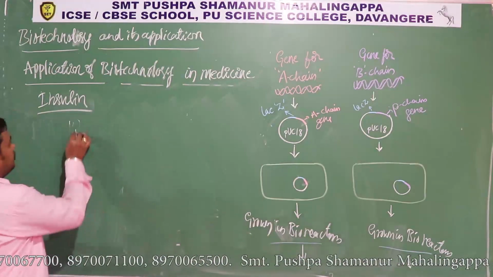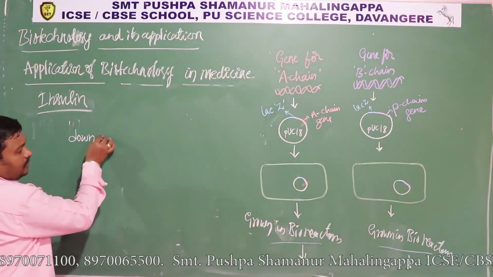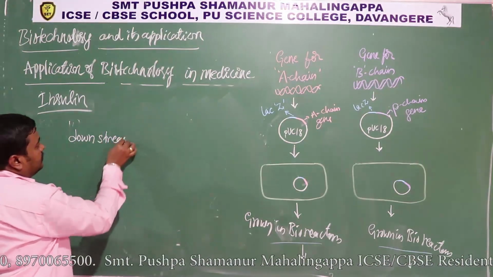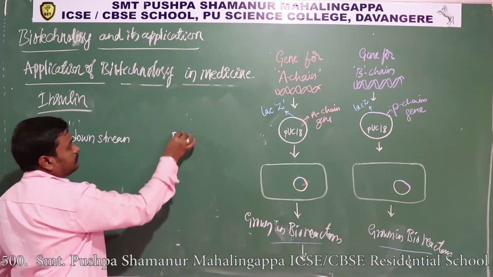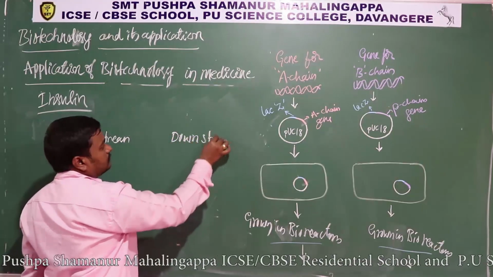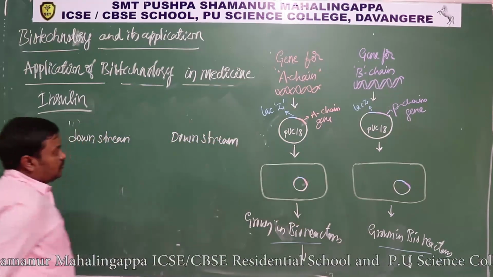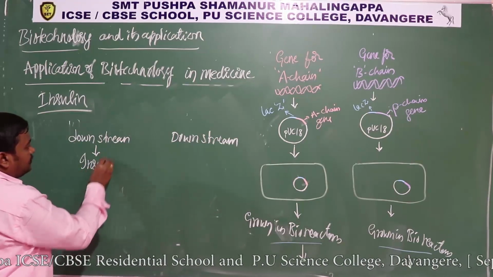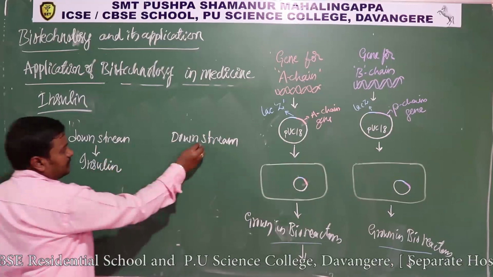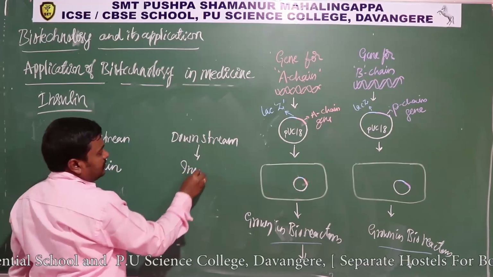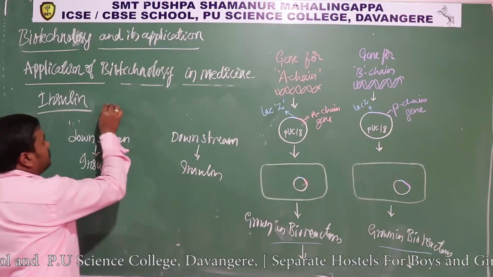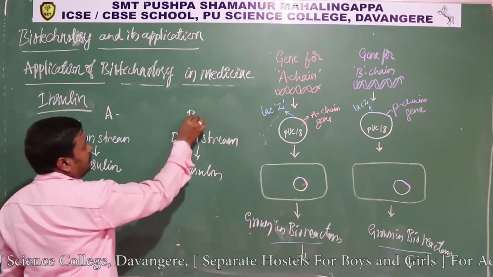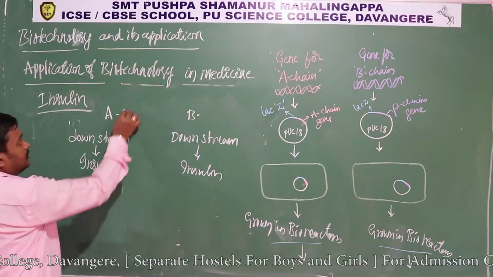so let me write here, downstream process. Through the downstream process, they isolated insulin. So this is for A chain, this is for B chain. Okay.